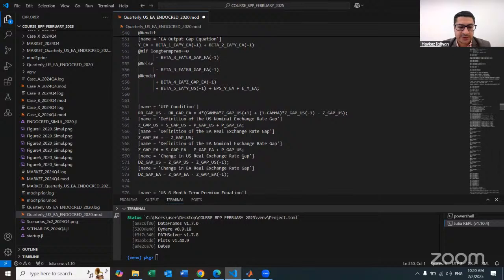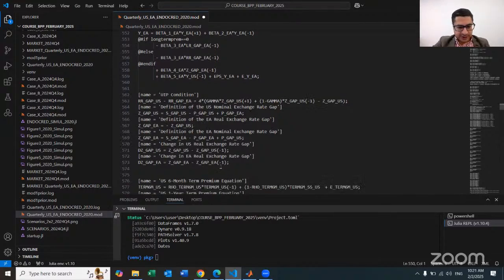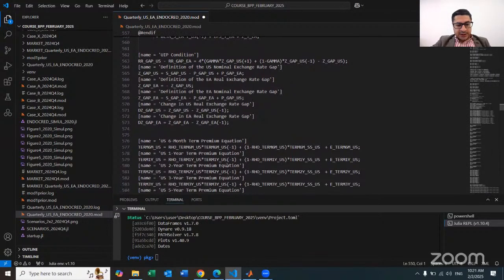There is a capital flow, and there are a bunch of equations, which is of course the behavioral or the main equation, and there are some definitions here which we are using, like definition of the real exchange rate, and some changes in the exchange rate.